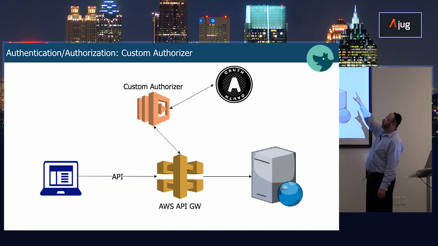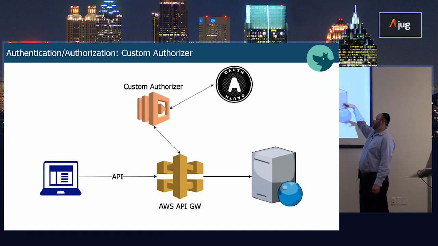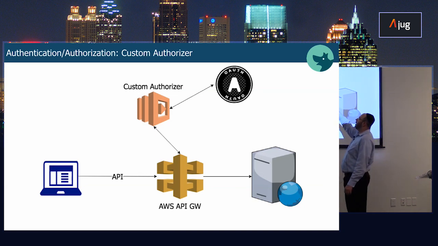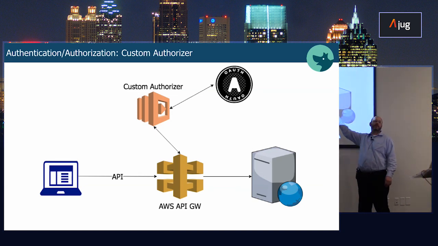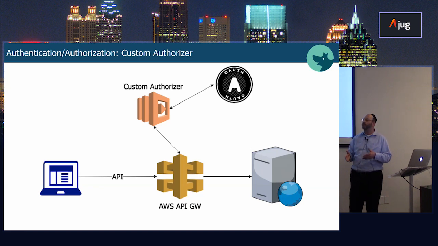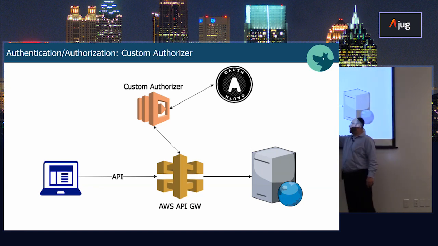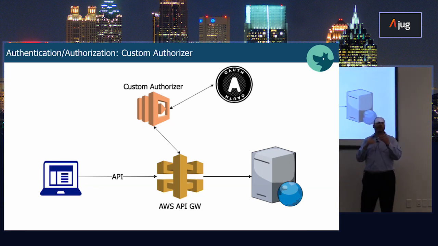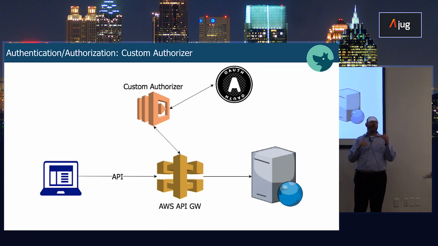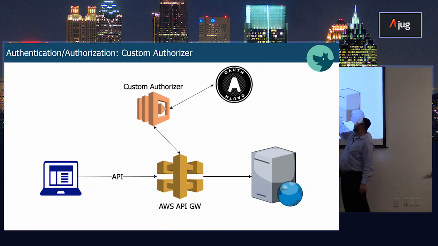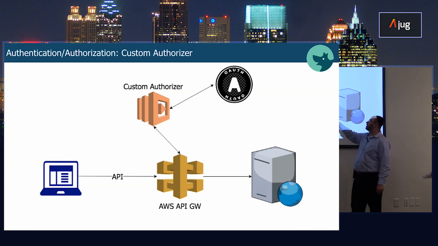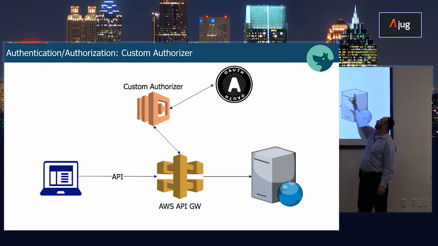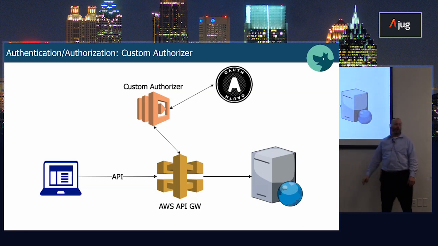And what you can do is go out to your OAuth provider and validate the token. And what the custom authorizer then does is it creates an AWS policy, which you then return to the AWS API Gateway, which describes both the authentication and the authorization level, describing the different endpoints that this user has access to based upon the token and based upon the OAuth provider.